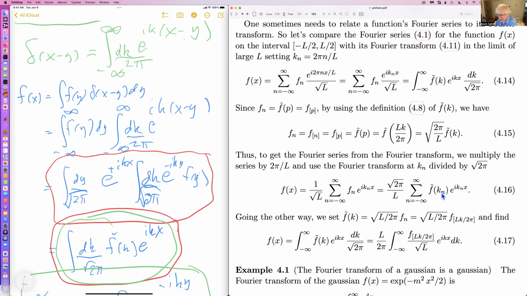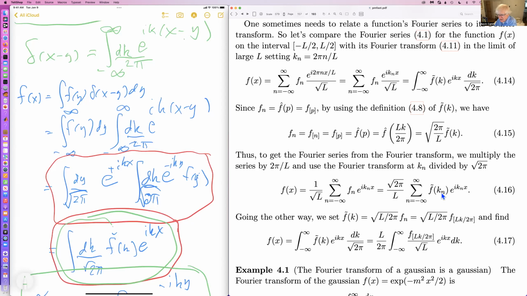What bothers me a little bit about this formula is it looks as though it diverges in the limit L going to infinity. And I guess what saves us is that this f hat is really f tilde over square root of L.